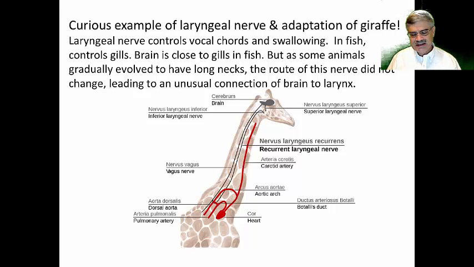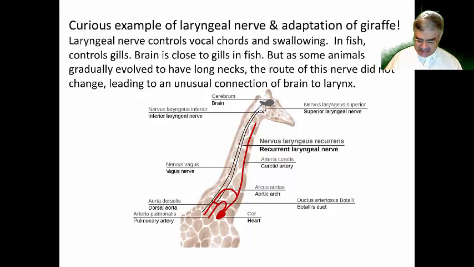So again, this is just an interesting example of adaptation and the consequences of adaptation, the giraffe evolving a longer neck, and how the path of the nerve did some funny things in order to adapt to this adaptation.